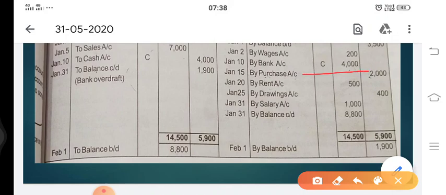Since payment was made through check, that means in the bank column. In the form of journal entry, purchases account debit to bank account. Since purchases got debited and bank got credited, we'll go to the credit side of bank account and write by purchases account.